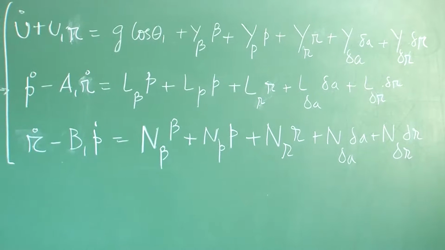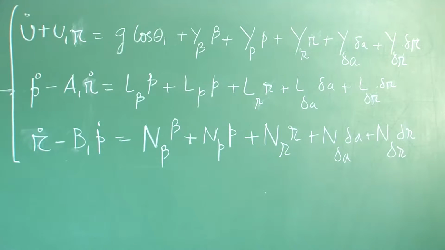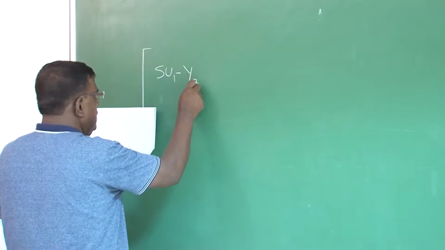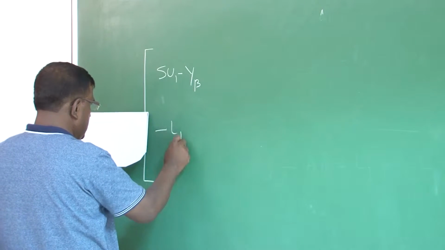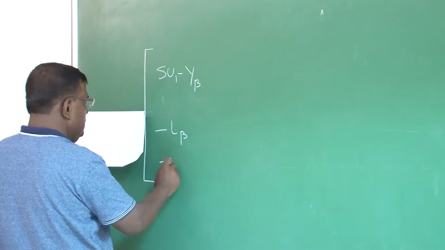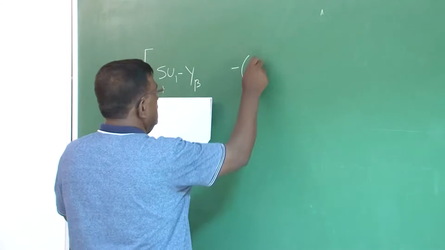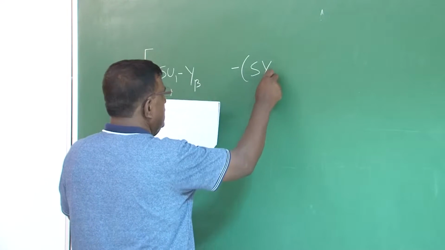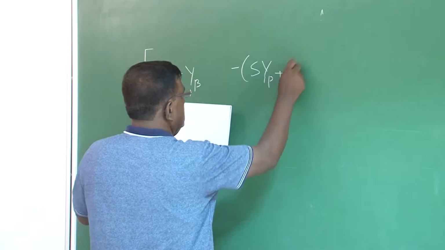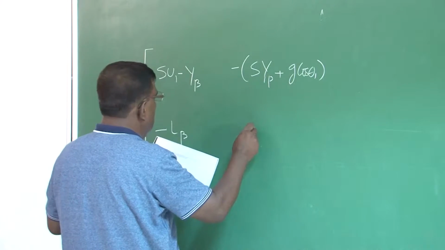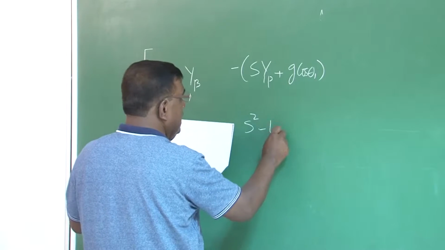The equation will look like, let me write that, S U1 minus Y beta, minus L beta, minus N beta. Here it will be minus S Y P plus g cos theta 1, S square, minus LP S.